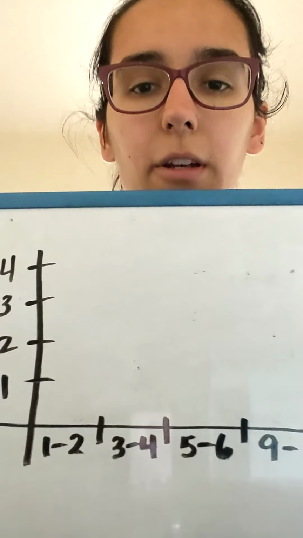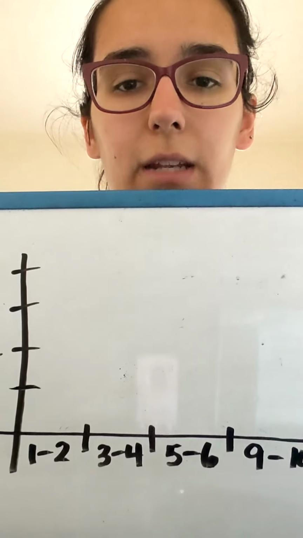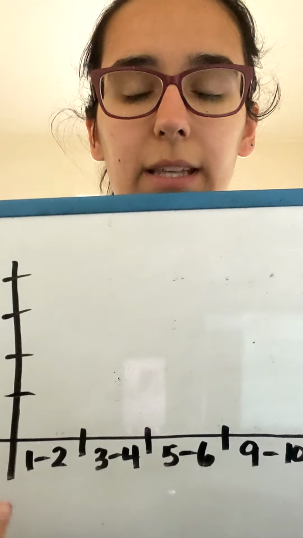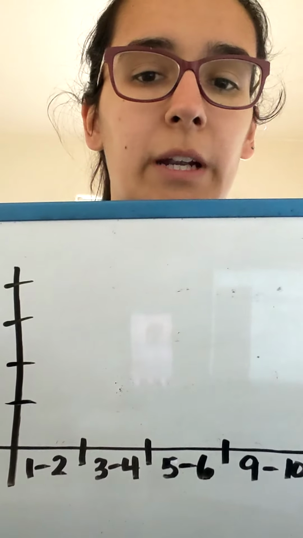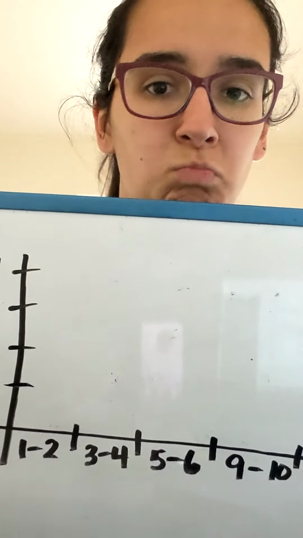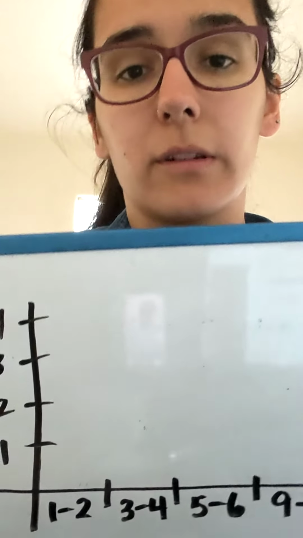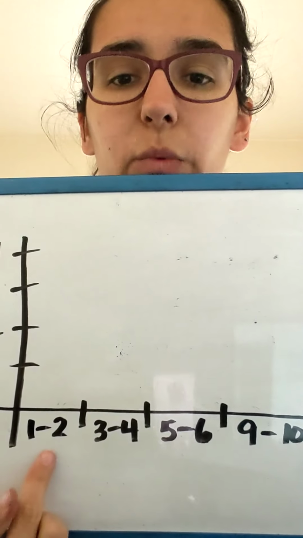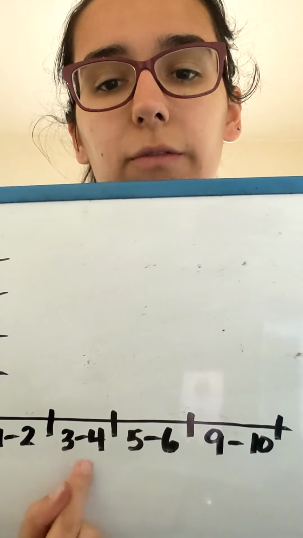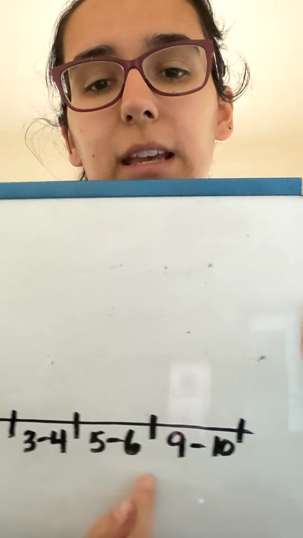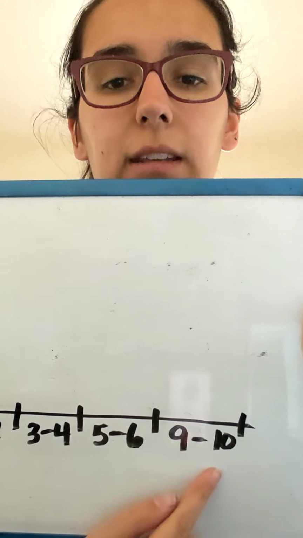Okay, so here we go. If our graph is set up like this, let's pretend this is for how many siblings do you have, or how many children in your family do you have, okay? So there's a 1 to 2 option, 3 to 4, 5 to 6, and this one says 9 to 10.